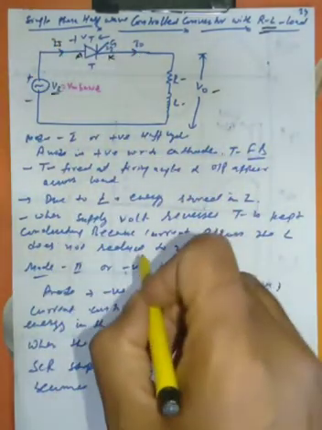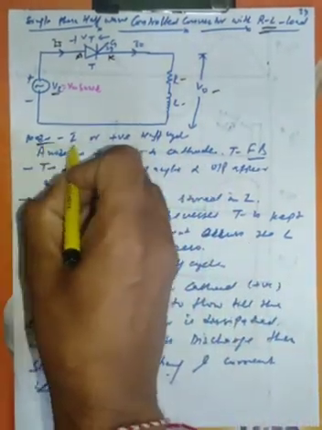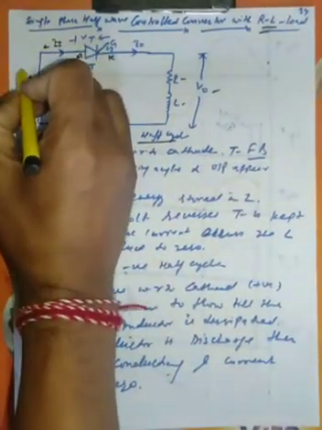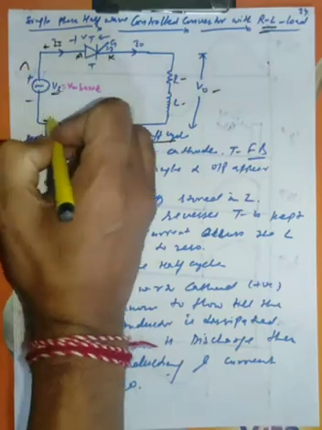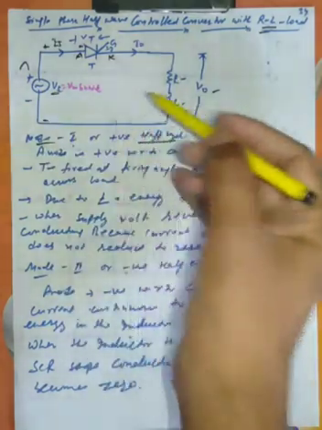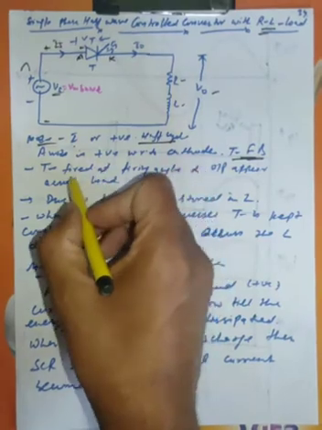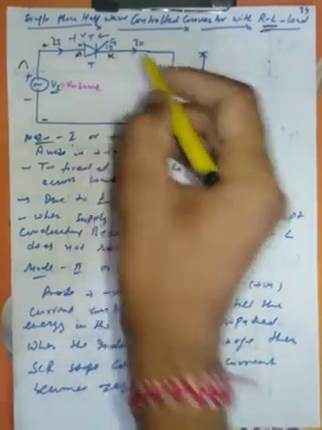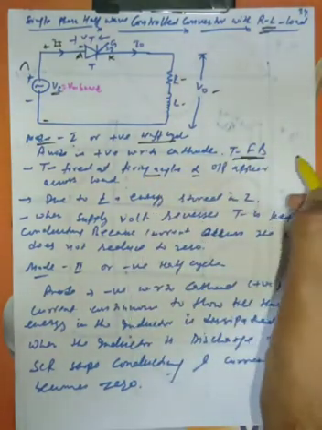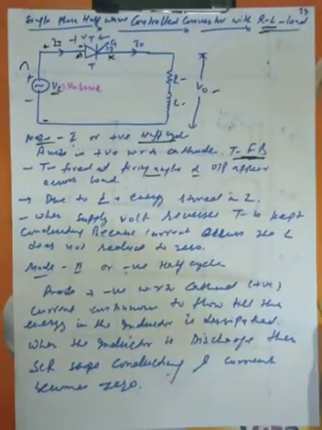Okay, the working of the half wave controlled rectifier with RL load. In mode 1, when we apply the positive half cycle, the anode is positive, so the thyristor is forward biased. When we apply the gate pulse Ig at an angle alpha, which is known as the firing angle, the output appears across the load and the thyristor is in conducting mode.